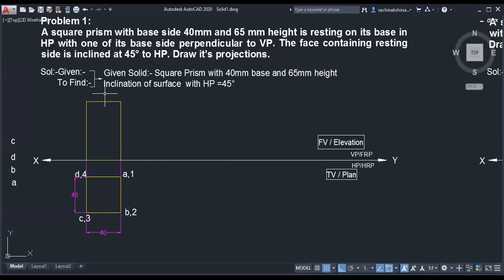If you want, you can give its axis also. But to avoid confusion, many more lines will come, that's why I will not give the axis. So what will be the height of this? 65. It will be 65.